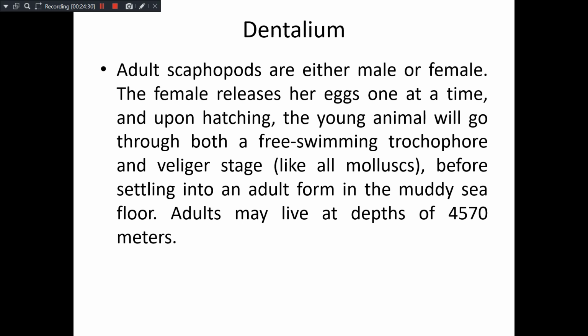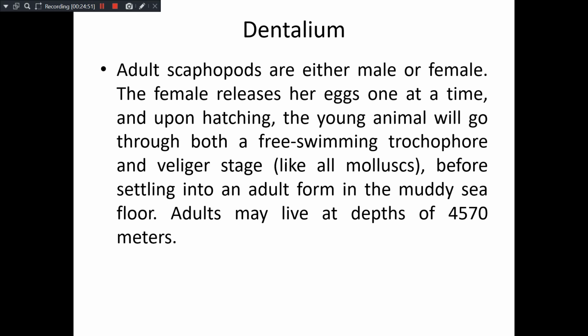Before settling into an adult form, the veliger metamorphoses into an adult and settles upside down in the muddy seafloor.